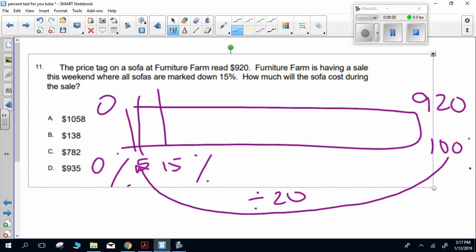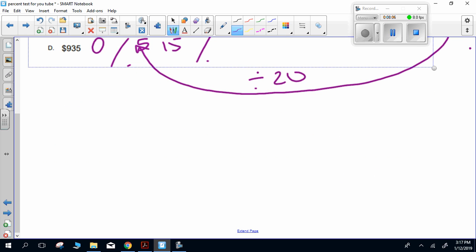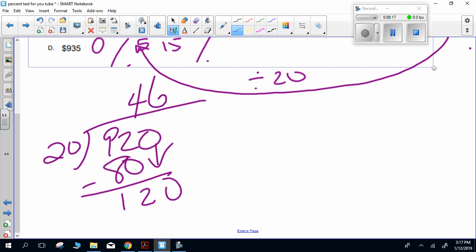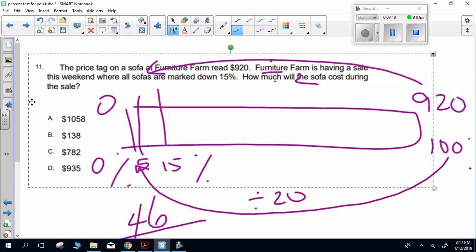If I divide the bottom by 20, I need to divide the top by 20. So 920 divided by 20 goes 4, 20 into that goes 6. So 5% equals $46.